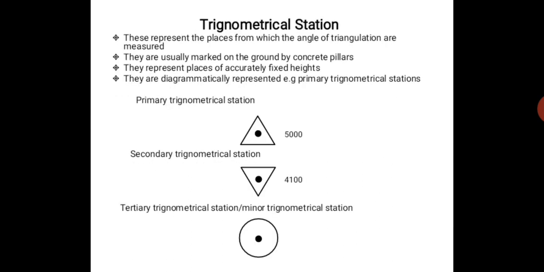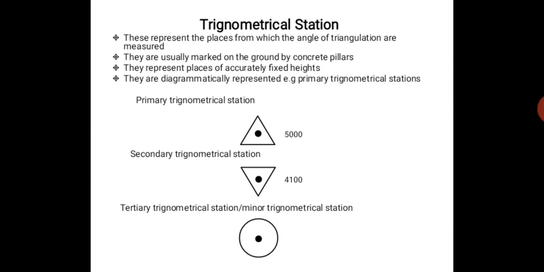Trigonometrical station. This represents the places from which the angles of triangulation are measured. Most of you are mathematicians. You understand what we mean by angle of triangulation. So trigonometrical stations represent the places from which the angles of triangulation are measured.